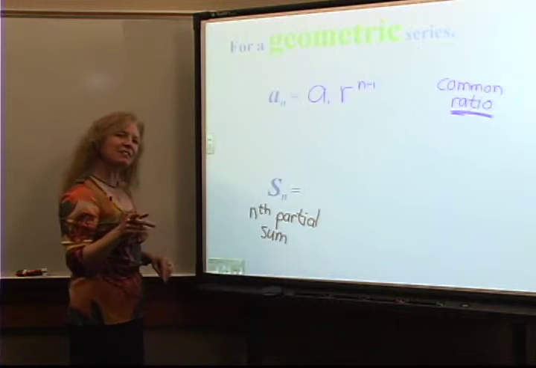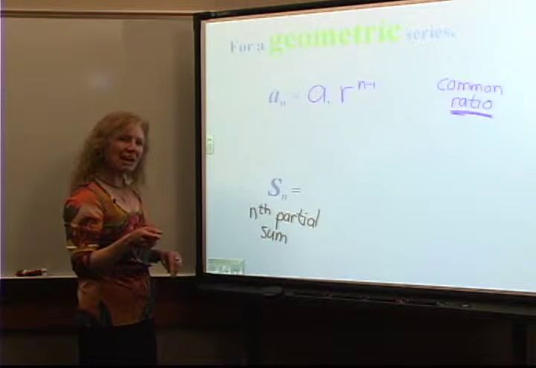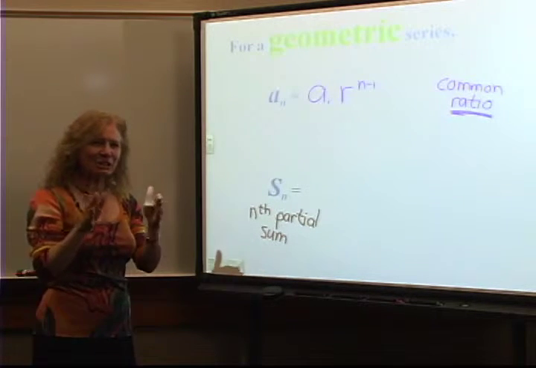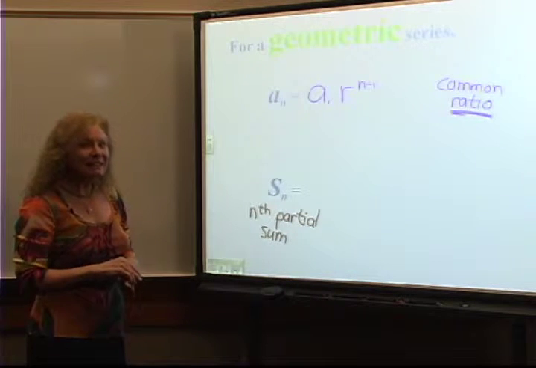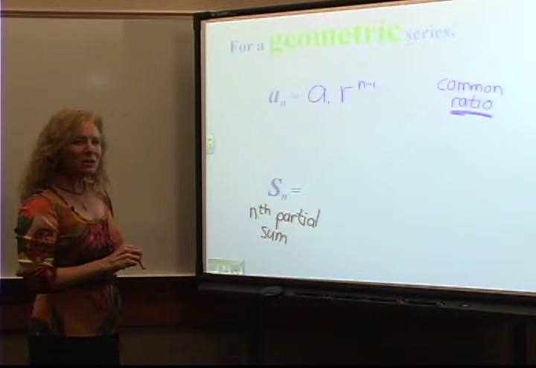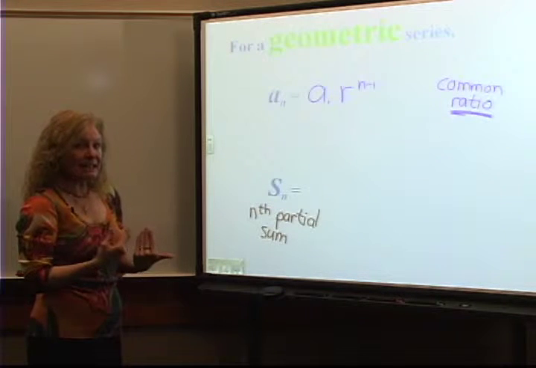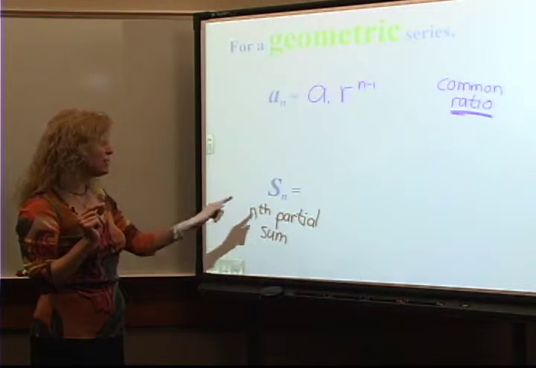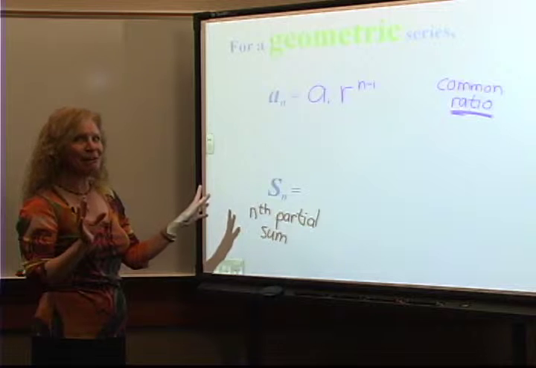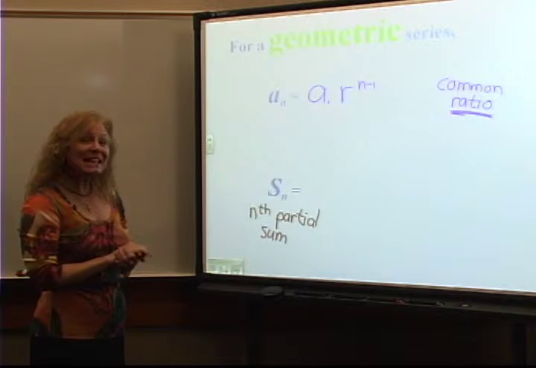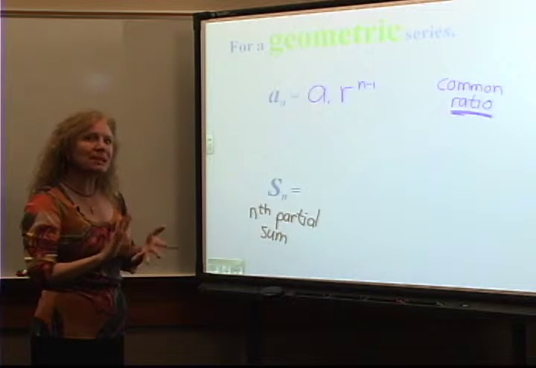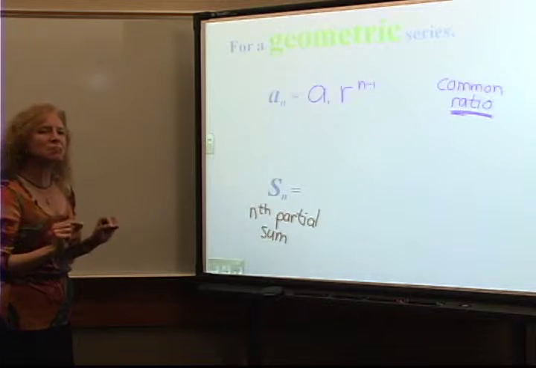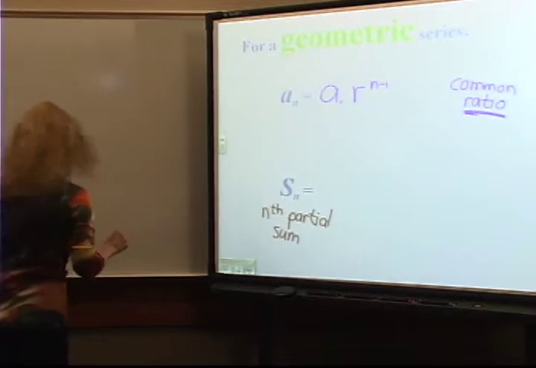Now, we haven't done any of the addition here because unlike the arithmetic, do you remember the little story about Carl Gauss adding up the first and the last and doing that very quickly? Well, that works out lovely for those arithmetics. The geometric is not quite as easy to just have an insight to the sum. So what I'd like to do is take a moment and derive this formula for you. I know, that's a scary thought. But the reason I do is that it's very easy to mix up this formula, and I actually do derive it for myself sometimes just to make sure that I get everything in its place. Okay.